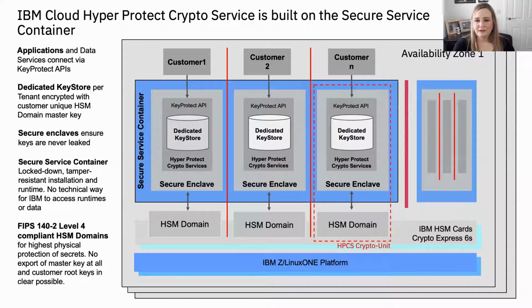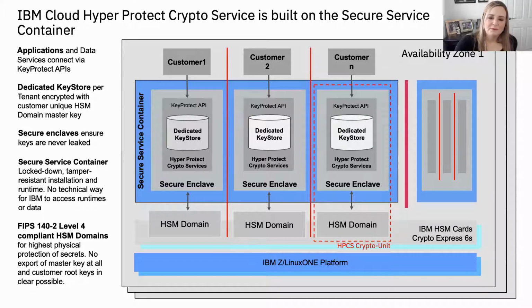They're going to have a Key Protect API around that to be able to work with their key store that's running in the secure enclave, talking to a specific HSM domain. Each customer will have their HSM domain. And within that is what is going to be called a crypto service crypto unit. Those are going to work with the HSM cards on the IBM Z, or really our LinuxONE platform.